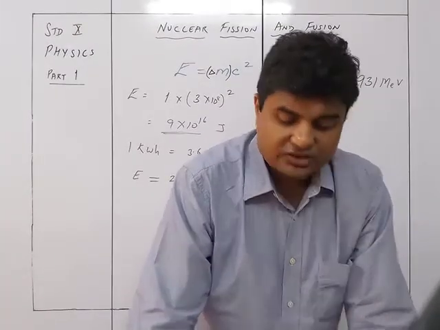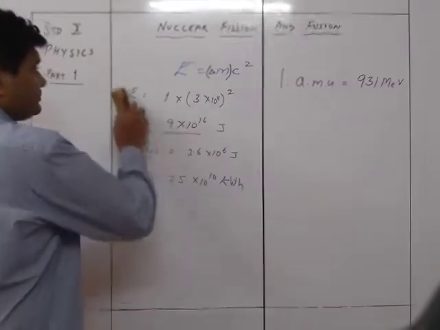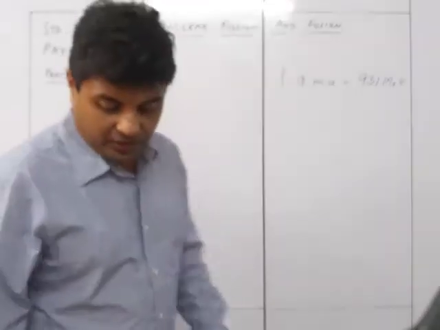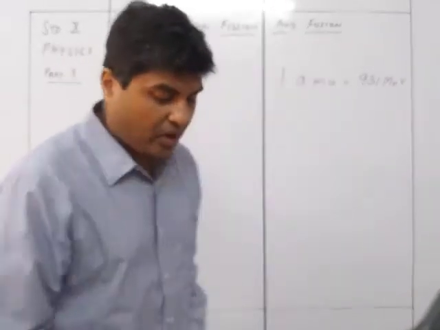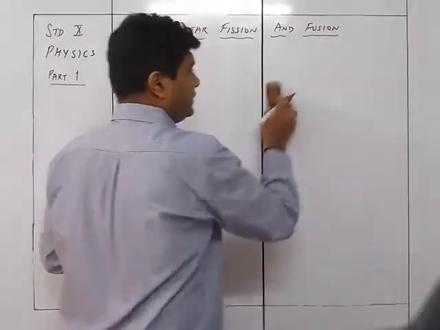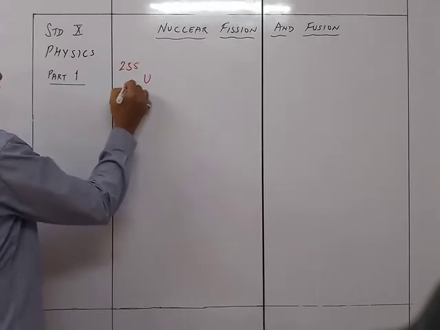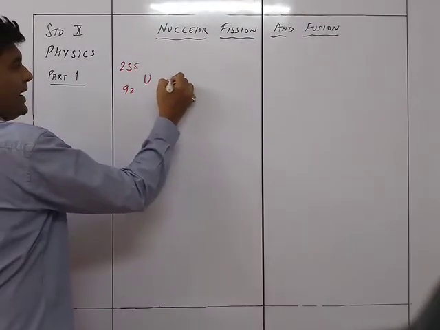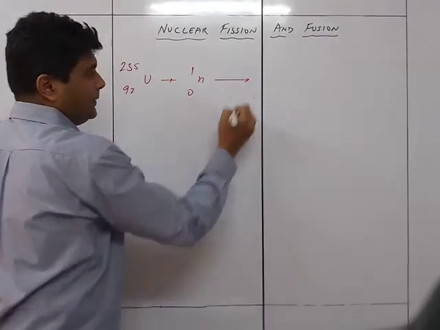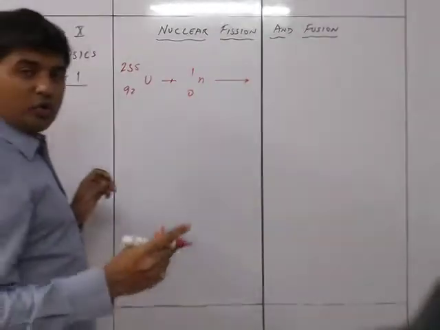So that is what they have given you. Let's see that. The uranium atom, 235U92, is bombarded by a neutron. When it is bombarded by a neutron, it is going to split up, and on reacting it is going to give me two things.